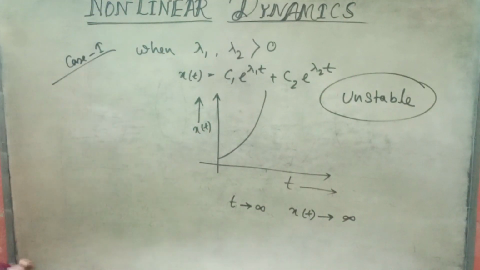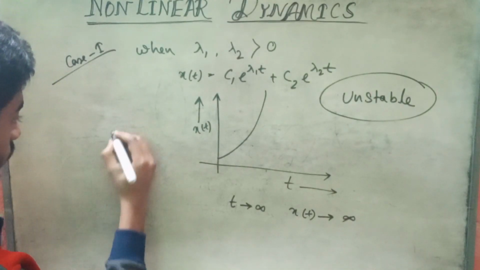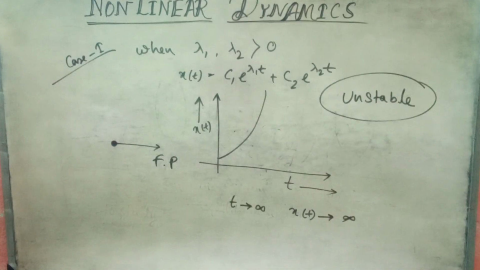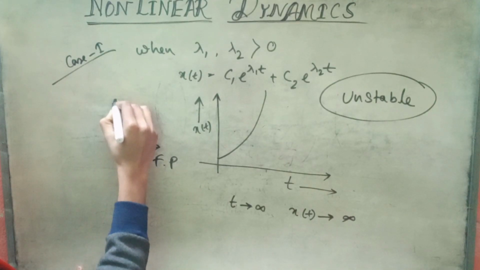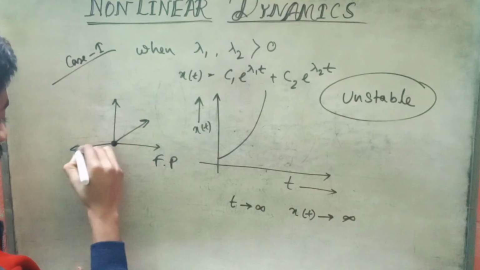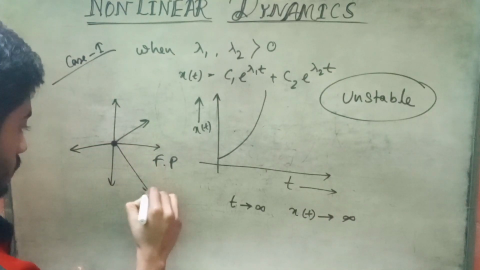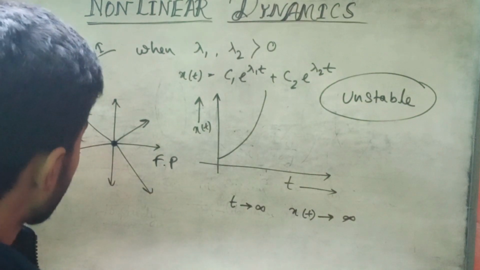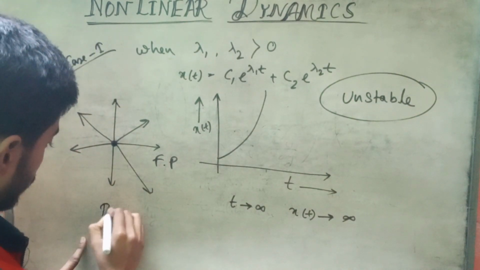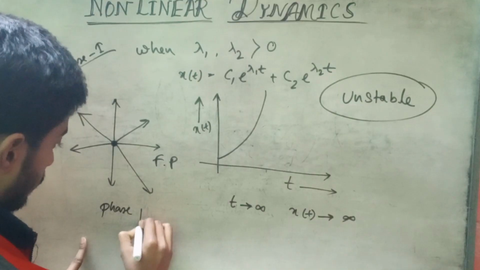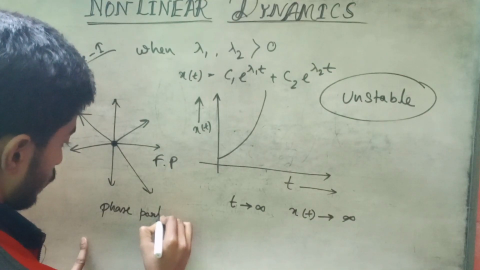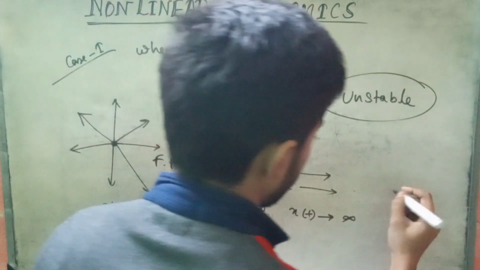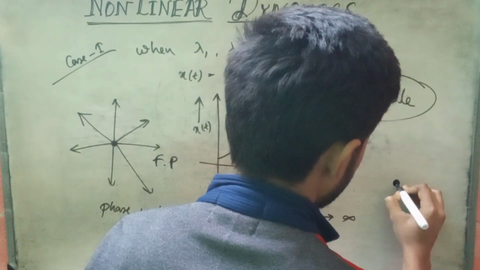So all system trajectories near the equilibrium point are just like this. Let's say this is a fixed point, right? And all system trajectories diverge from the equilibrium point or the fixed point. Or this is the phase portrait, right? Or we can draw this phase portrait as, let's say this is the fixed point.